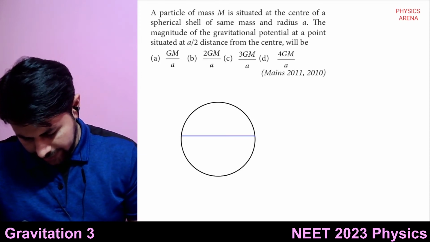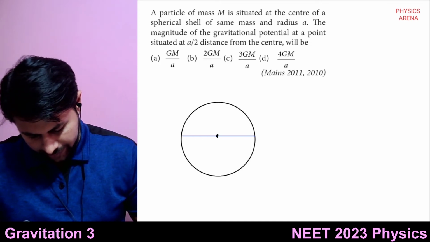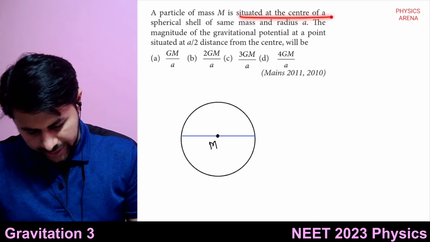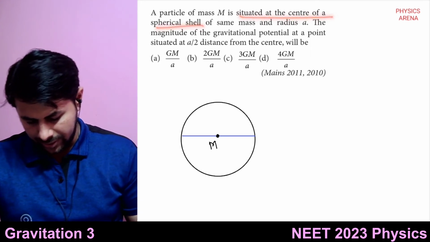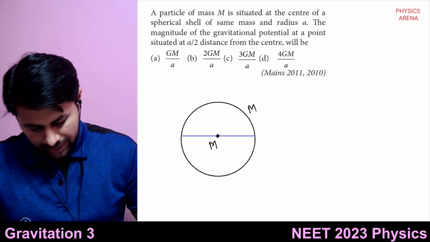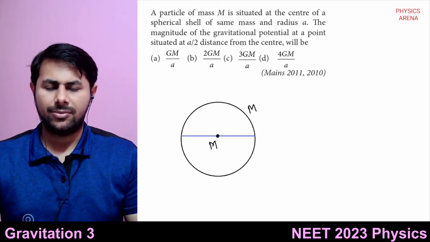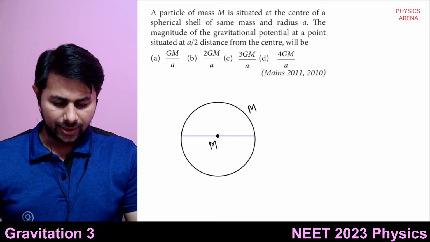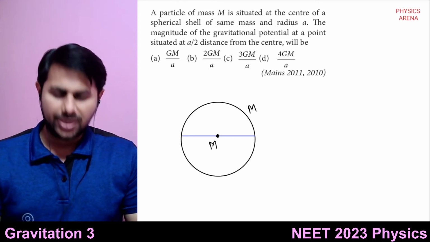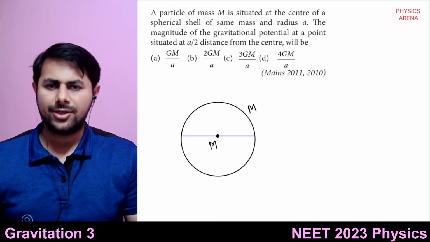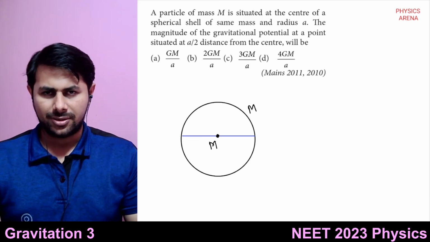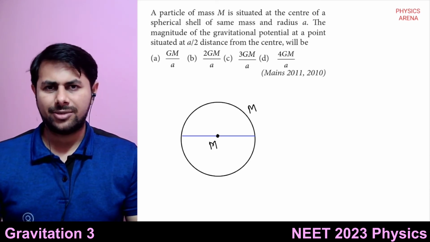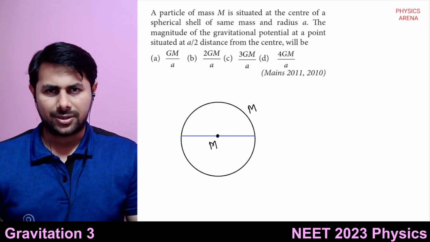There is a mass m situated at the center of the spherical shell, and the mass of the shell is also m. Okay. So now, see, the gravitational potential inside the spherical shell is constant. Okay. Gravitational potential inside the spherical shell is constant.